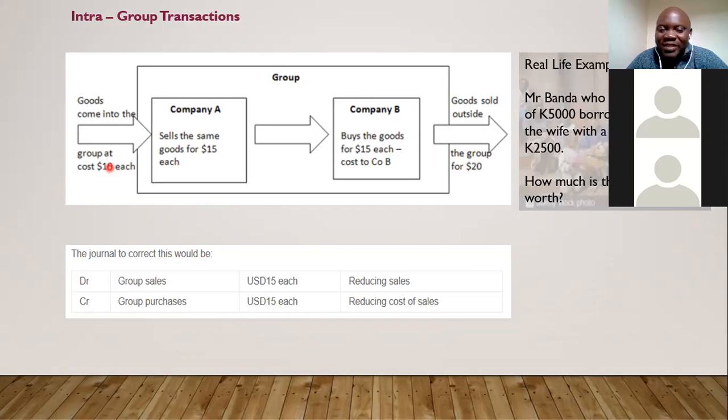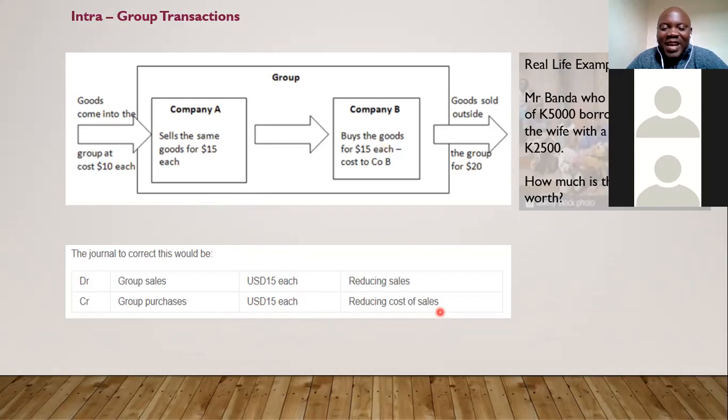One, we shall debit the group sales, so that we reduce the sales by that intra value. Then we shall credit the group purchases, the 15, so that we reduce the cost of sales.